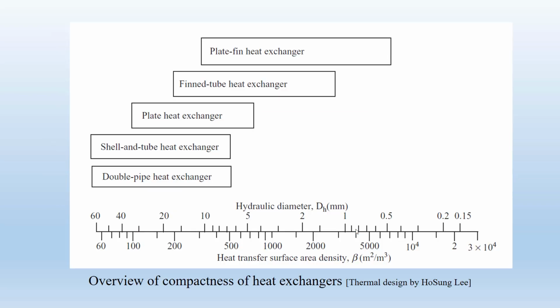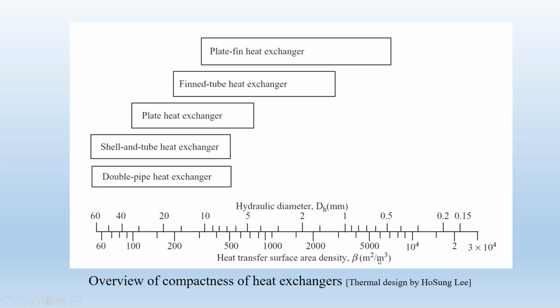Here you can see the comparison between different heat exchangers. This figure is from Thermal Design by Hewitt, and as you can see, the main parameter here is the specific surface area, or heat transfer surface area density, or the surface area over volume.